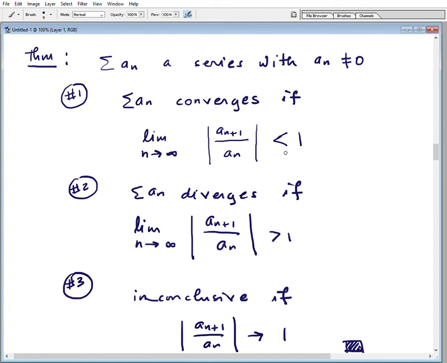This one is sort of like an approximate geometric series. If a term divided by the term before it is always less than 1, or as n goes to infinity, it'll always be less than 1, then it's similar to a geometric series. All right, so that's what's going on here.